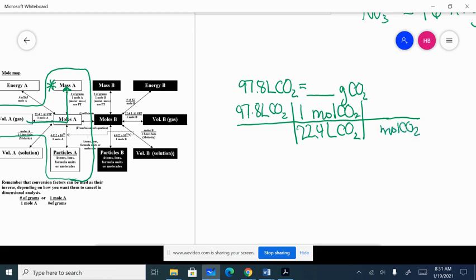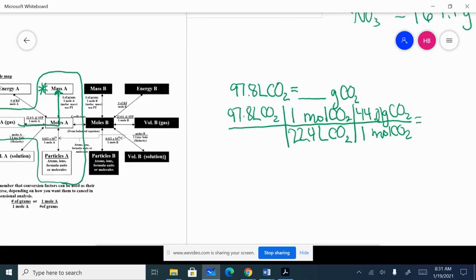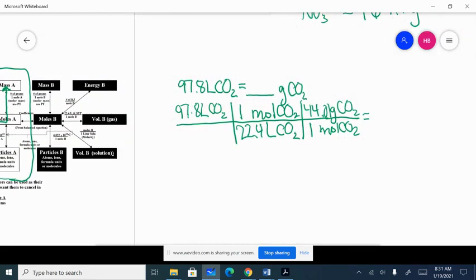Remember, I added up carbon dioxide, which is 1 carbon and 2 oxygens, to get the grams of carbon dioxide. I did that up top, and it was 44.01 grams in 1 mole. So in your calculator, you'll type in 97.8 times 1 times 44.01, enter, and then you divide by the bottom, which is 22.4. I'm going to answer to 3 digits, so I'm going to get an answer of 192 grams of CO2.